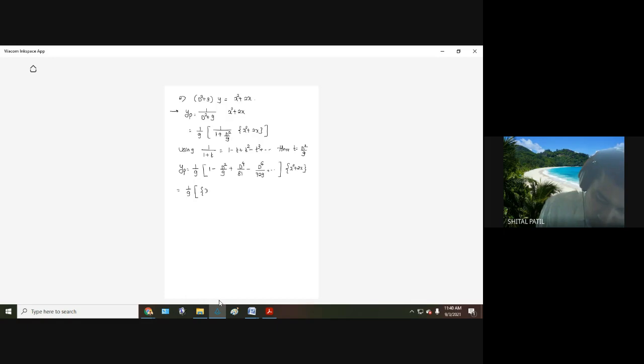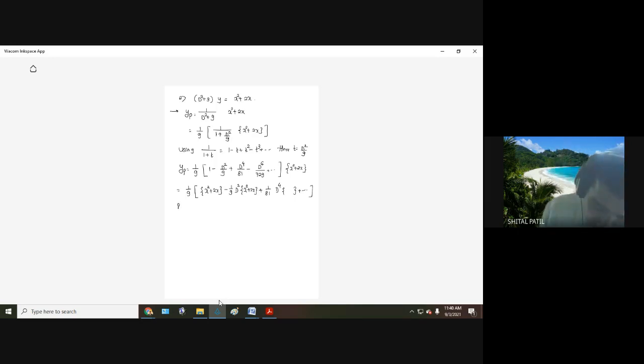1 into the curly bracket, minus 1 upon 9 t square of the curly bracket, D raised to 4 of the curly bracket and so on, D raised to 6, D raised to 8 and so on.